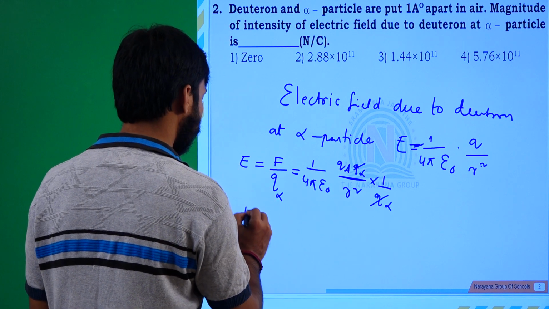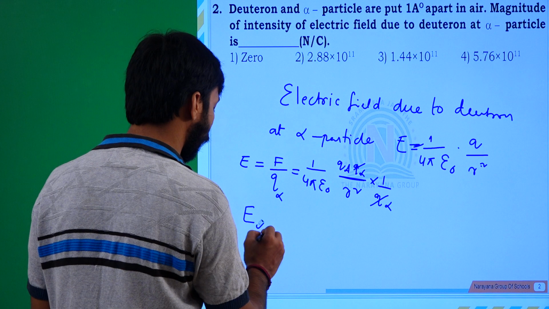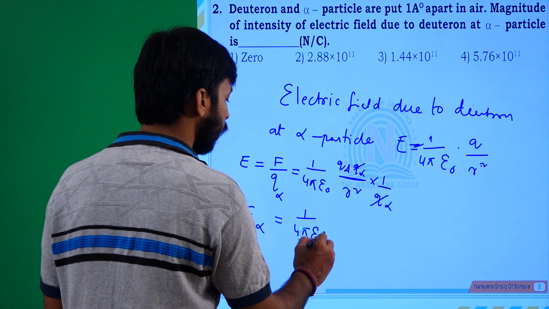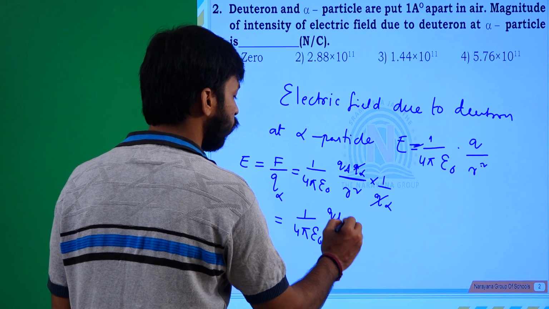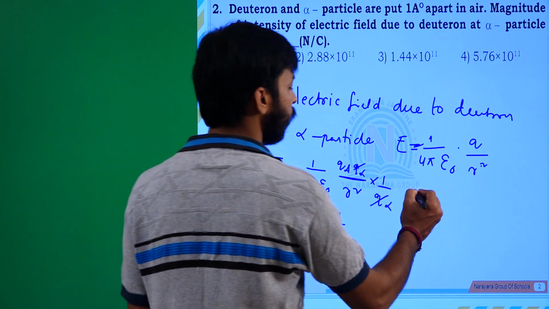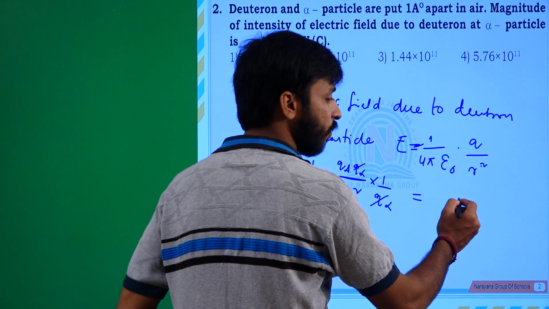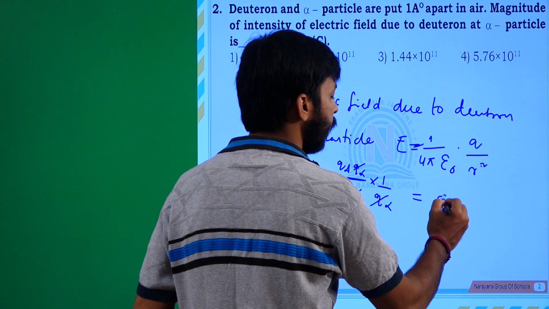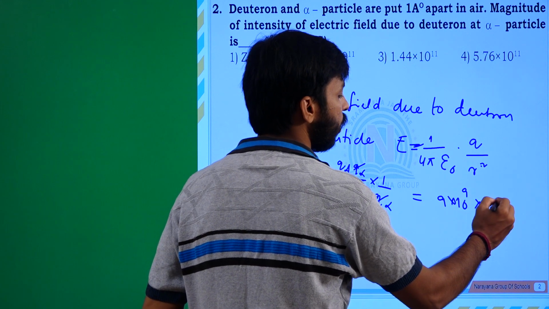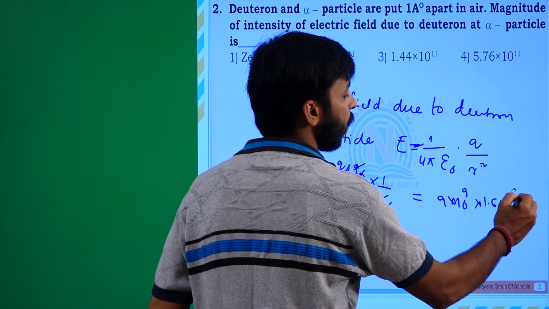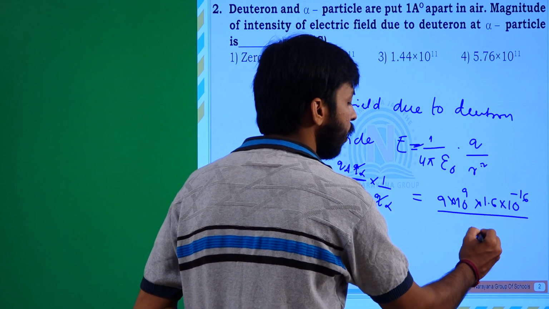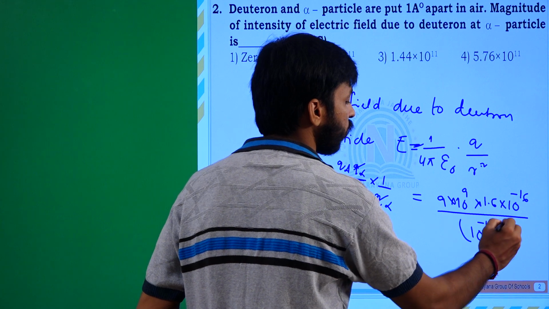So the electric field due to the deuteron is equal to 1 by 4 pi epsilon naught into Qd by R square. So we get the deuteron charge directly: 9 into 10 power 9 into 1.6 into 10 power minus 19 by R square, 10 power minus 10 whole square.